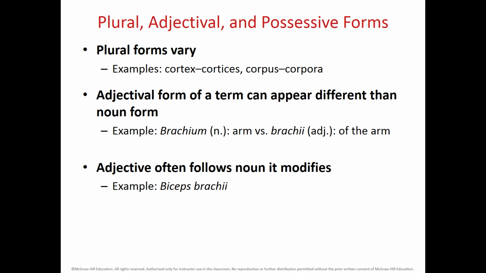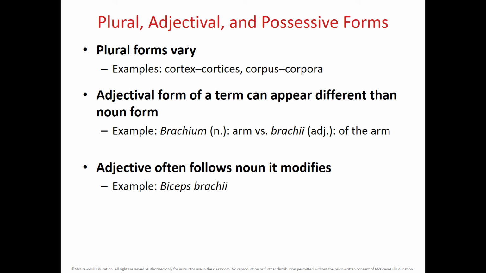An adjectival form of a term can appear different from the noun form. For instance, brachium, which means arm, and the adjective for the noun brachium is brachii, which means of the arm. And an adjective also many times follows the noun that it modifies.